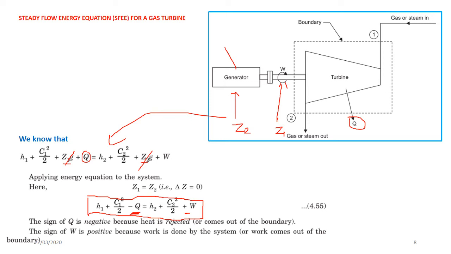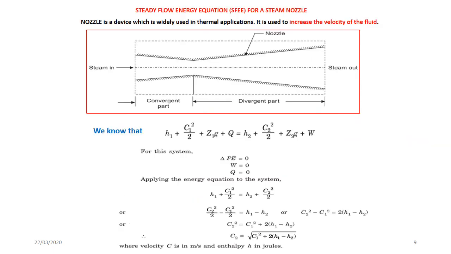We'll go to the next slide, on steam nozzles. First of all, you should know what a nozzle is. A nozzle is a device used to increase the velocity of the fluid. At the inlet the velocity will be less, but at the outlet the velocity will be very high.